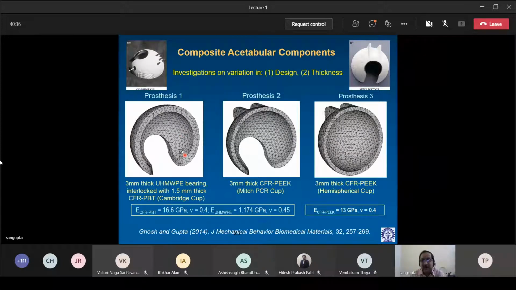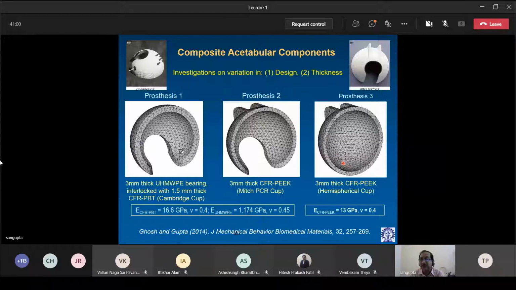A thicker implant with a higher stiffness. This is a thinner implant, Mitch cup, with lower stiffness. Both the Cambridge cup and Mitch cup have cutouts following the natural acetabulum. But we also had earlier a hemispherical cup without cutout.